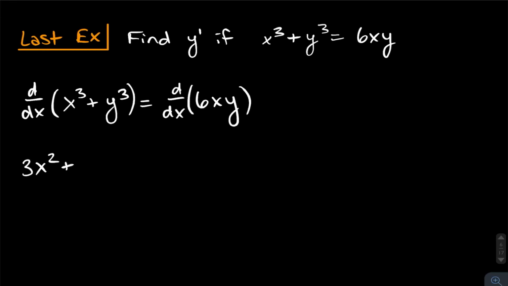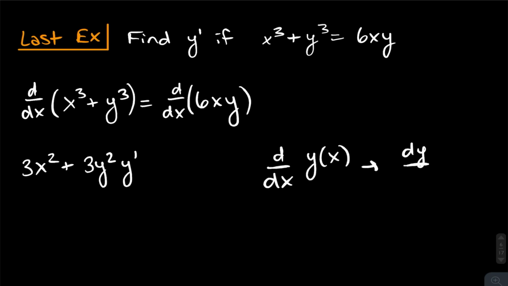And then remember how we treat y. We take a derivative normally, 3y squared, and then, since this is a function of x, we have to multiply by the derivative of that function of x, and we just call that y prime. If you really want to get technical about it, if this is y as a function of x, the derivative is really just regular dy over dx.